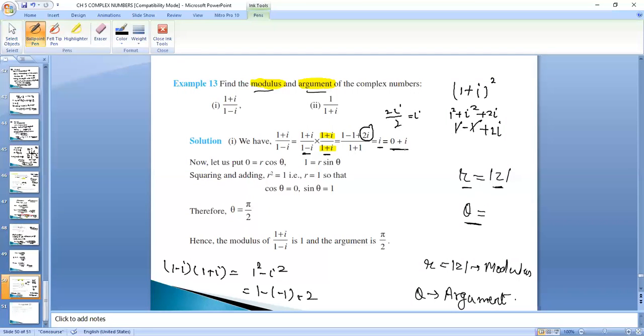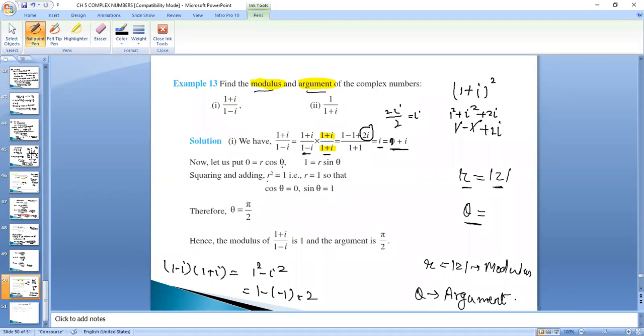Iota can be written as 0 plus iota. So 0 plus iota you will do in the same way. You will write it as 0 plus iota is equals to r cos theta plus iota r sin theta. So 0 will be equal to r cos theta, 1 will be equal to r sin theta. Squaring and adding, r square cos square theta plus r square sin square theta will be equal to 0 square plus 1 square.